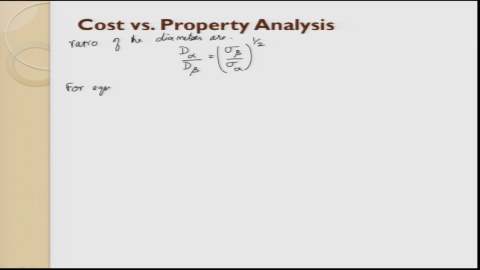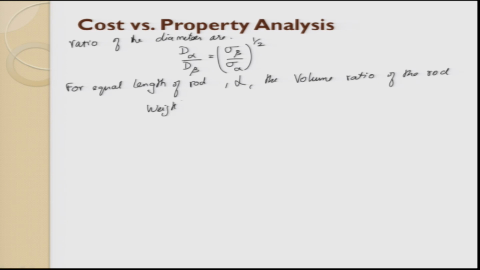For equal length L of rod, the volume ratio is to be found first.